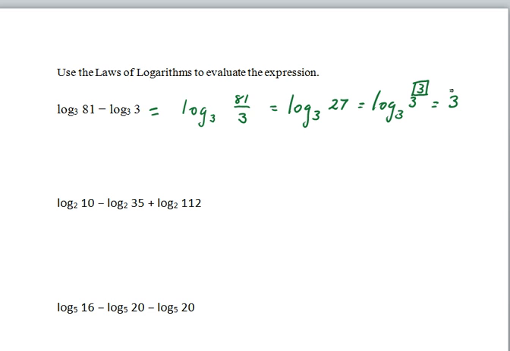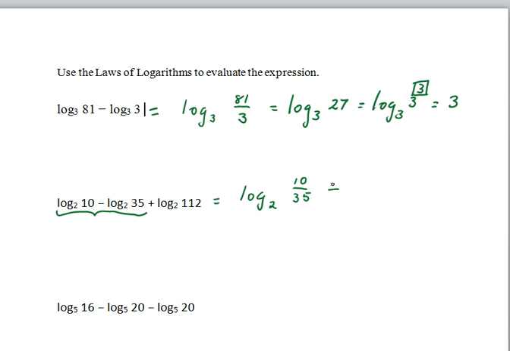The second example, log base 2 of 10 minus log base 2 of 35 plus log base 2 of 112. So in this case, we work from left to right, and where we have the difference of log base 2's, we're going to write log base 2 of the quotient of those arguments.